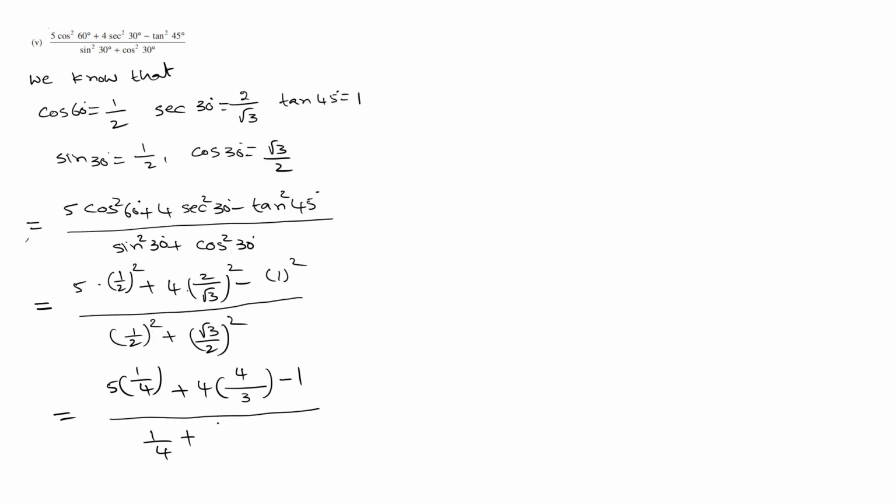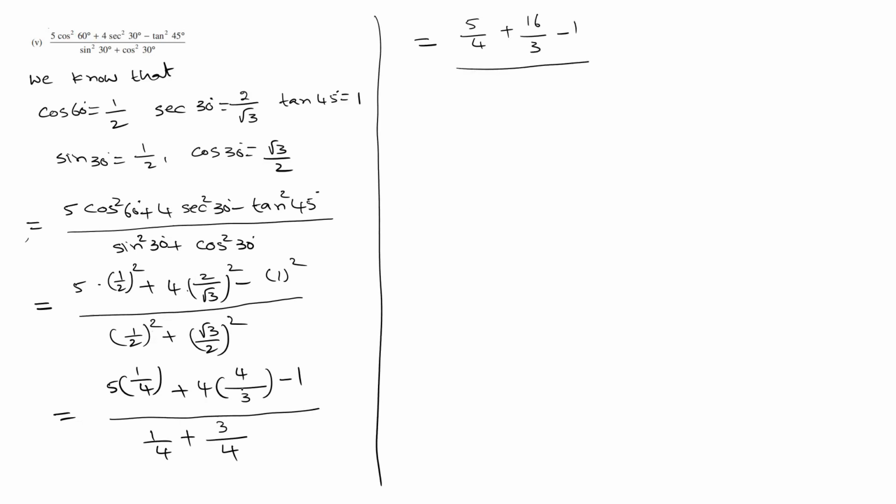So (root 3) whole square is 3 divided by 2 square, which is 4. Okay, so 5 into 1 by 4 will be 5 by 4 plus 4 into 4, so 4 fours are 16, divided by 3, minus 1, whole divided by 1 by 4 plus 3 by 4. So the LCM is 4, so the numerator we add directly, 1 plus 3.